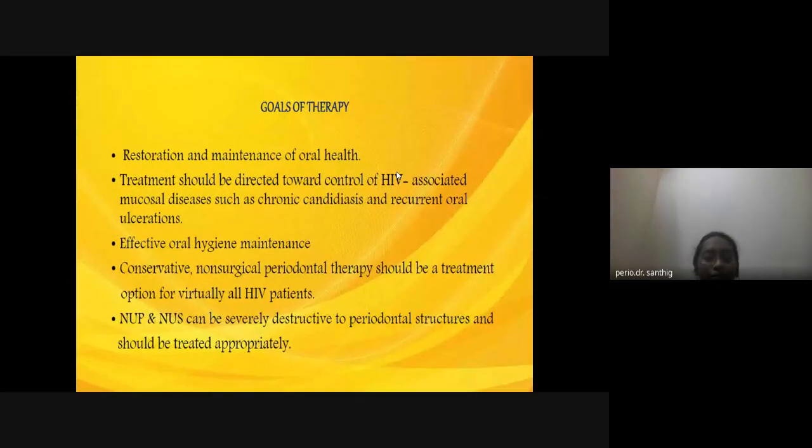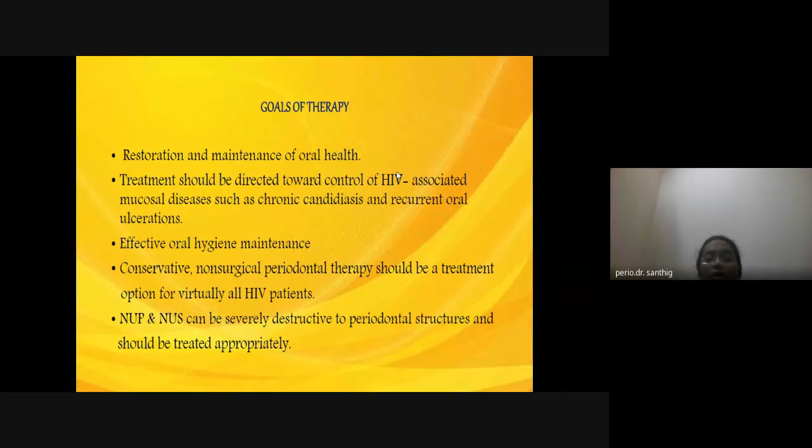Next, the goals of therapy in these patients are restoration and maintenance of oral health. Treatment should be directed toward control of HIV associated mucosal diseases such as chronic candidiasis and recurrent oral ulcerations. Effective oral hygiene maintenance you have to do. Conservative non-surgical periodontal therapy should be a treatment option for all HIV patients.